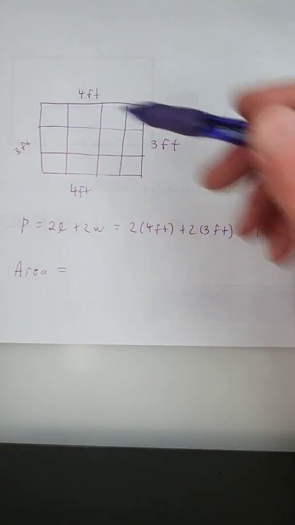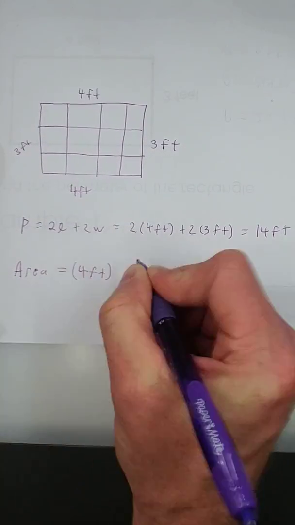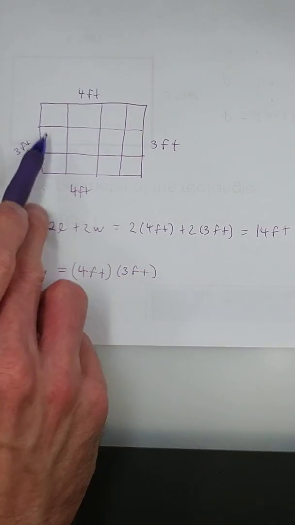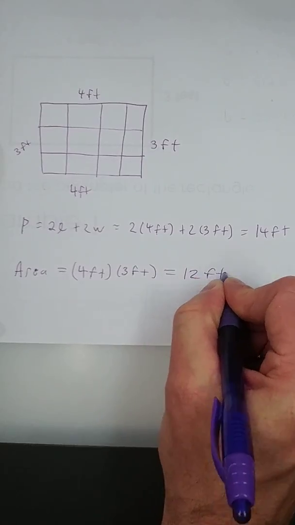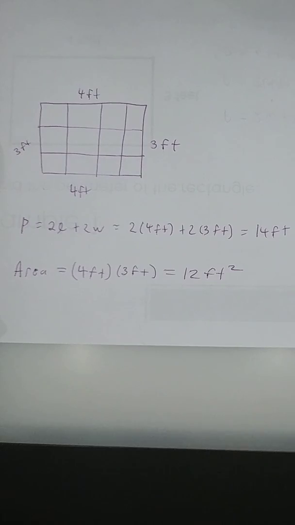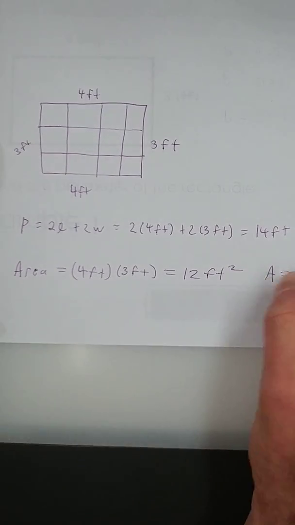We could simply go 4 feet times 3 feet, because we would have 4 rows of 3 blocks. So that would give us 12 square feet. To count those up, you would multiply. So area in this case is LW.